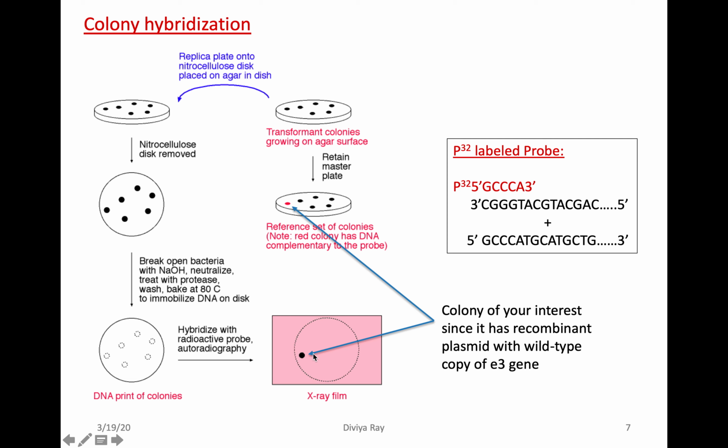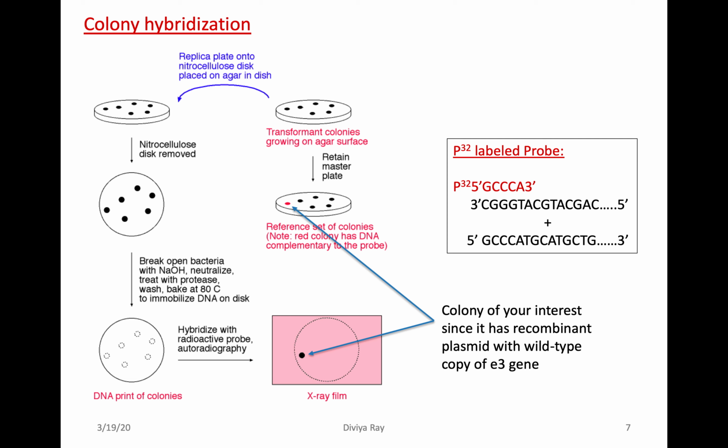Let's say this is the colony that lights up. If this colony lights up, then you know that your radiolabeled probe has hybridized to the complementary sequence, and this complementary sequence is the E3 gene.